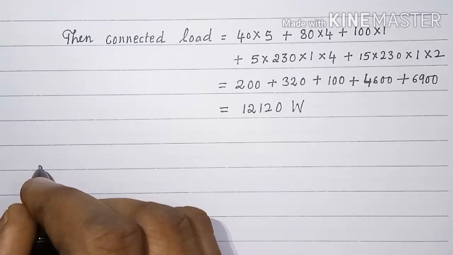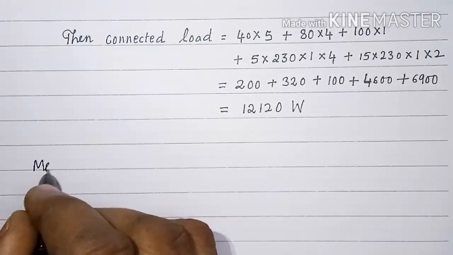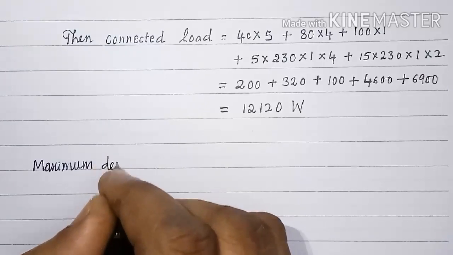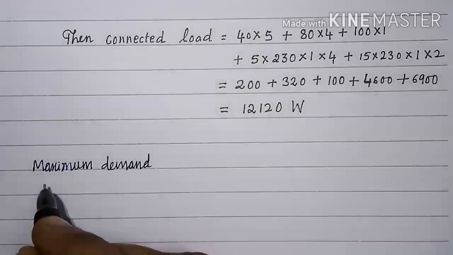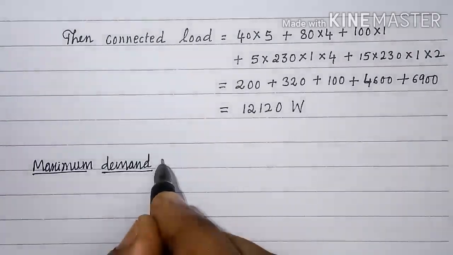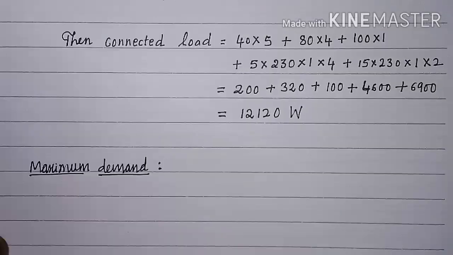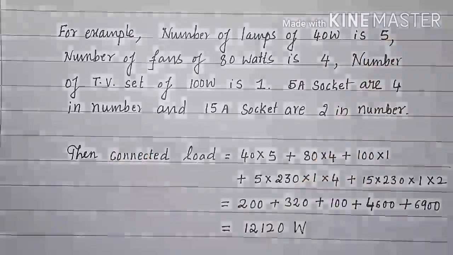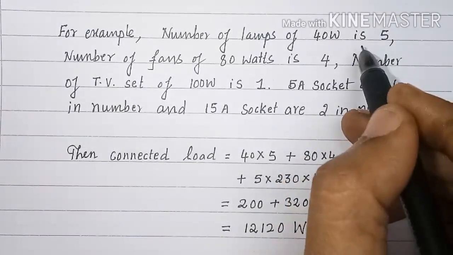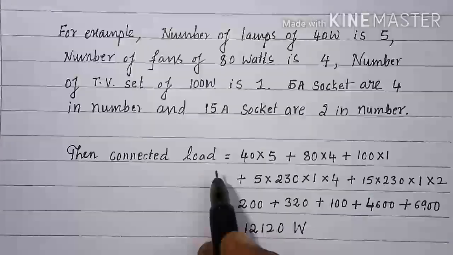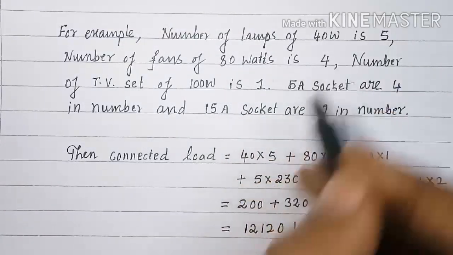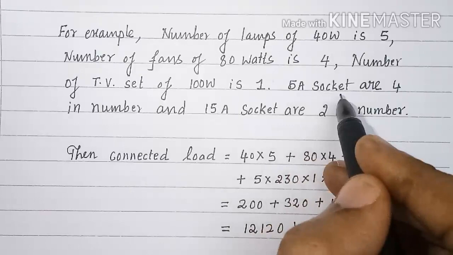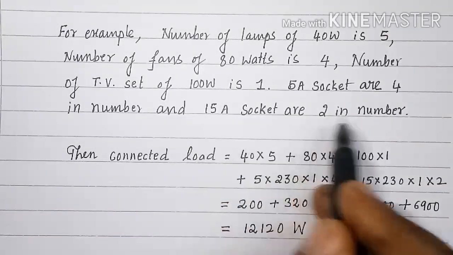Second term is maximum demand. In this example, we have considered 40 watt lamps 5 in number, 80 watt fans 4 in number, a TV set of 100 watts 1 in number, 4 sockets of 5 ampere and 15 ampere 2 sockets.